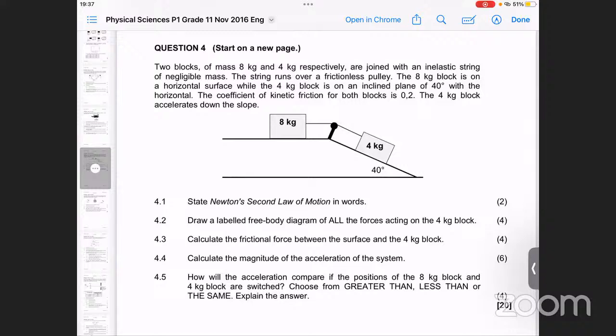The 8 kg block is on a horizontal surface that we can see, while the 4 kg block is on an inclined plane of 40 degrees with the horizontal. Yes, that makes sense. We can see that on the diagram. The coefficient of kinetic friction for both blocks is 0.2. The 4 kg block accelerates down the slope.